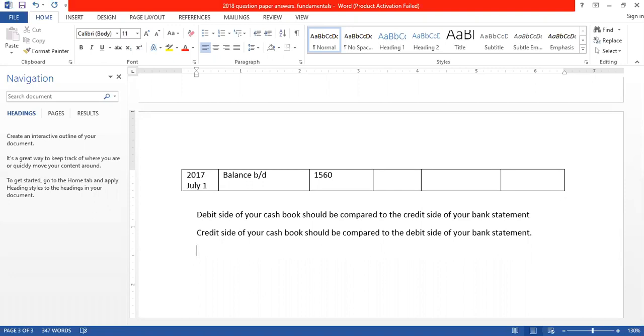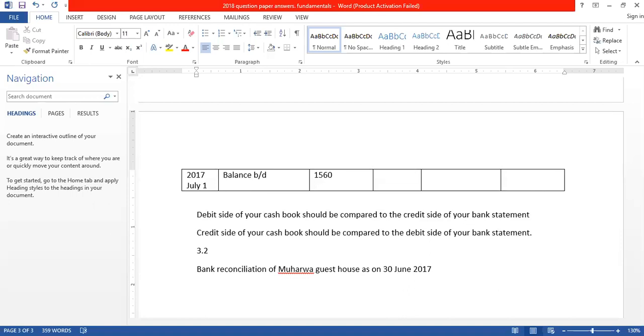So 3.2, the heading will be bank reconciliation of the name of the business, Moharwa Guest House, as on the 30th of June 2017.